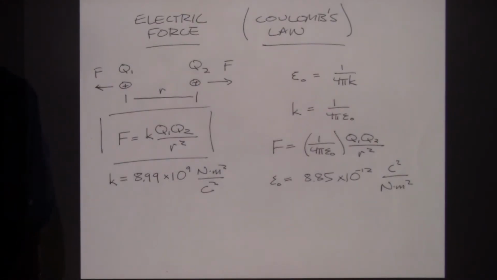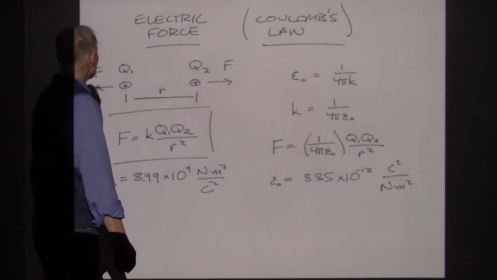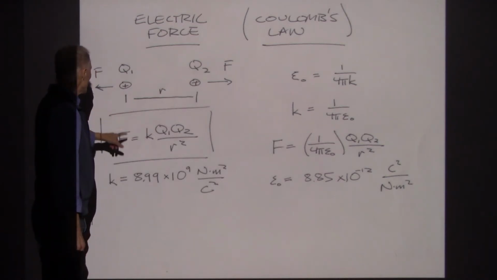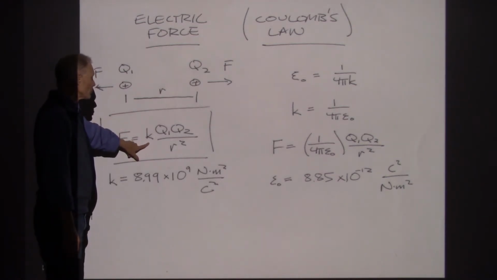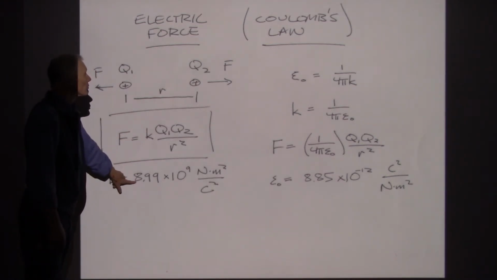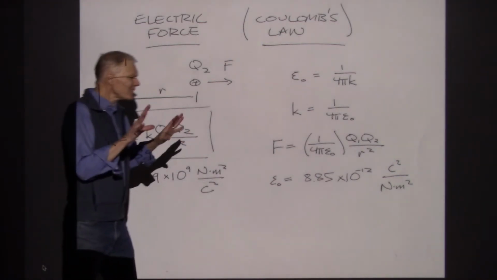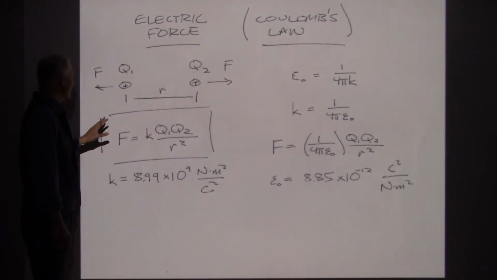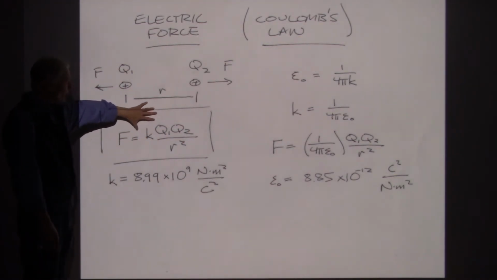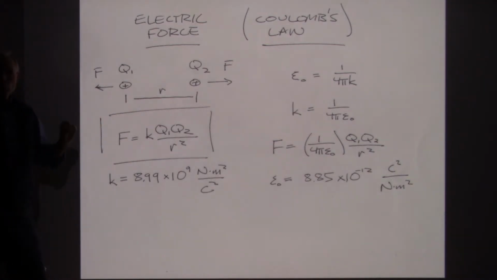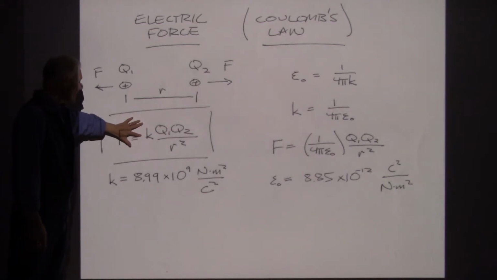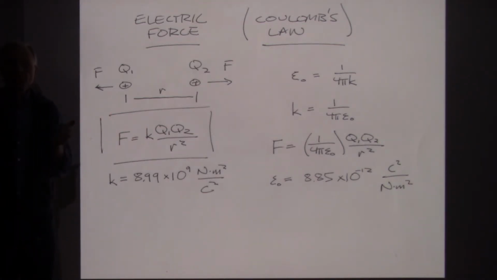Okay, so here it is one more time. Here is the force formula we introduced, and here is the force constant. What our textbook does is start off with this formula, which I think is really the sensible formula to use, because from here we can make all these analogies with gravity.